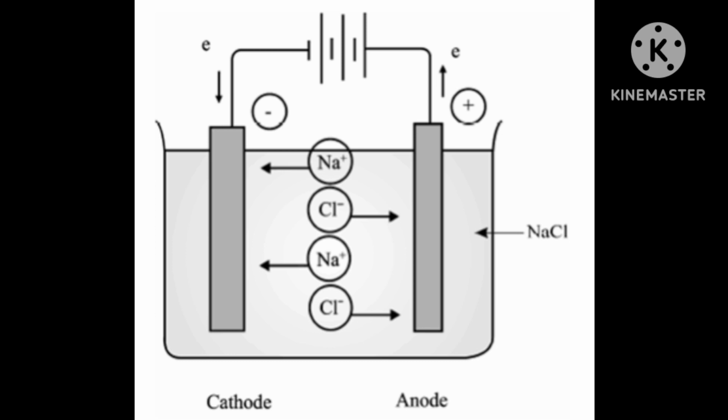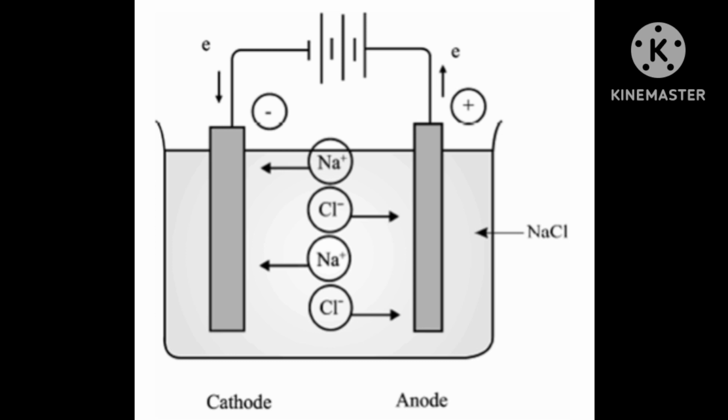I have discussed, R is equal to rho into L upon A, because R was proportional to L upon A. Then you changed the proportionality sign to an equality sign, and multiplied by a constant. That constant, the proportionality constant, is known as resistivity. Correct? Then R is equal to rho into L upon A.